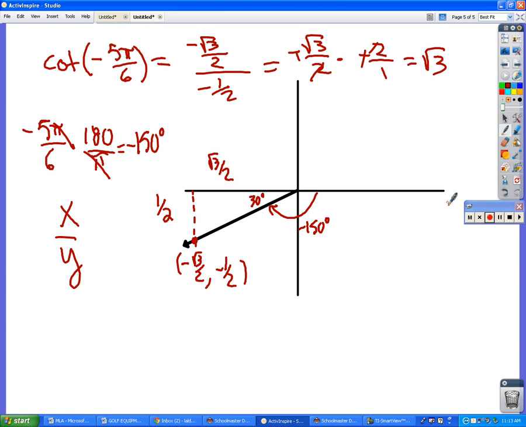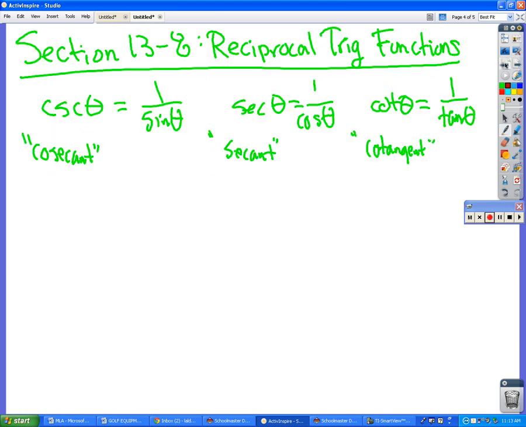So one of the things you might want to write in your notes from this screen right here is that cosecant, not cosecant, what did we just do? Cotangent is x over y. Do you remember what cosine was?